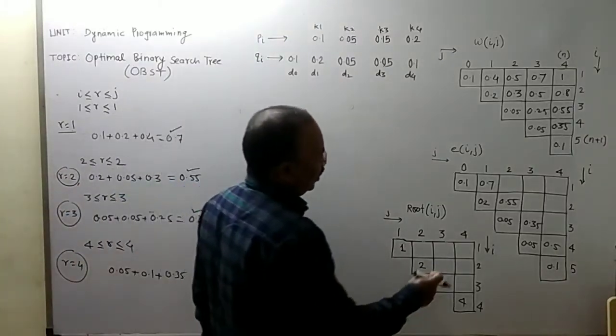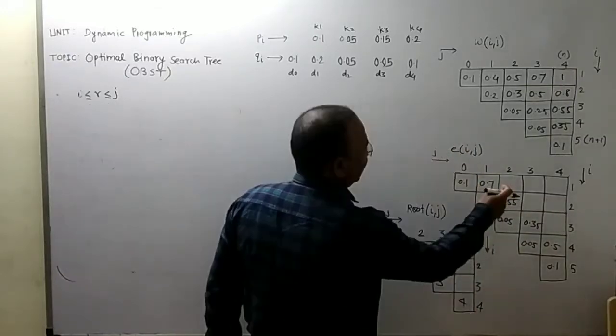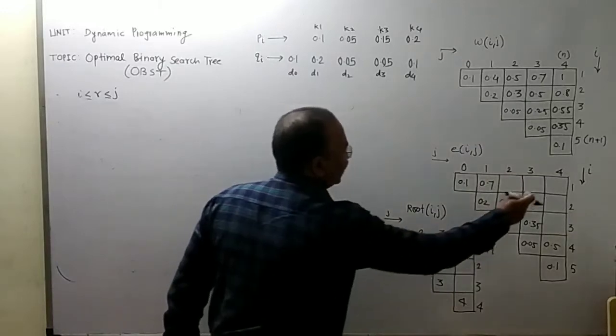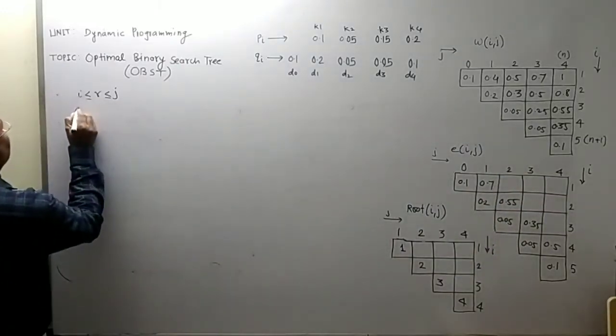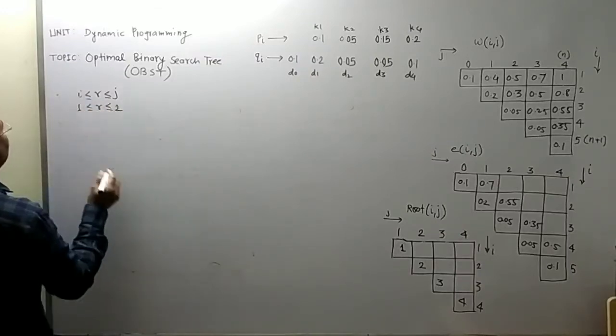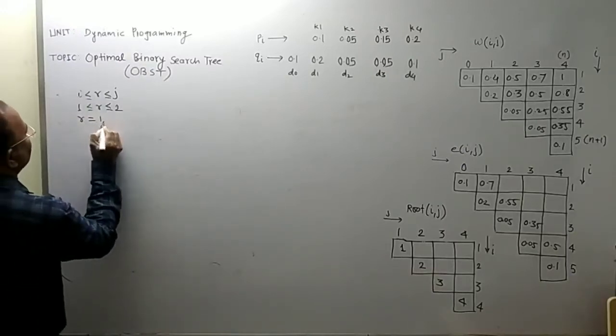Now try to fill up these cells in the E table. Let us find out the value for 1, 2 cell. Here I is equal to 1 and J is equal to 2, meaning R runs from 1 to 2.